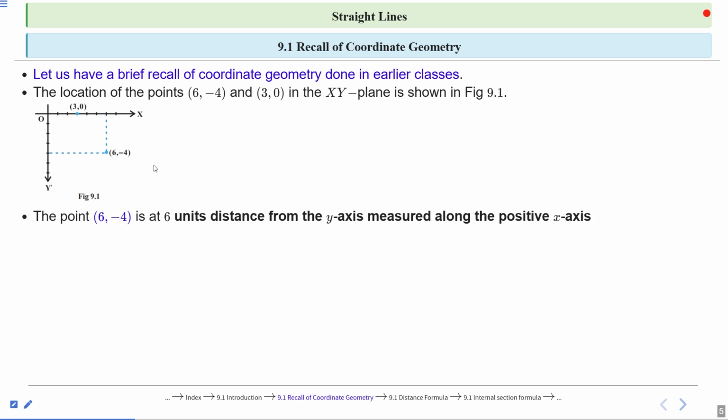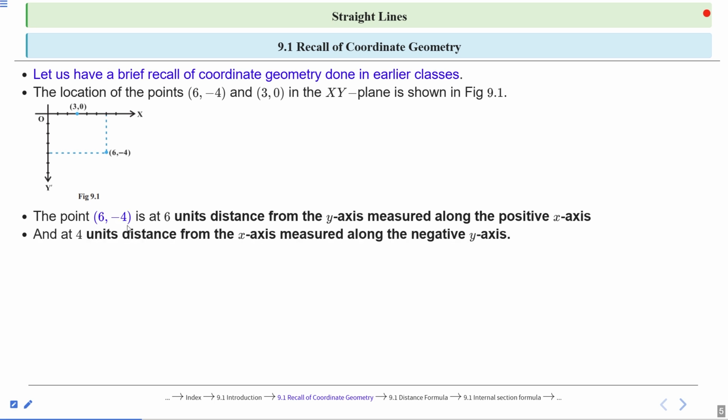The point (6, -4) is at 6 units distance from the y axis, measured along the positive x axis. This axis is the y axis and this axis is the x axis.